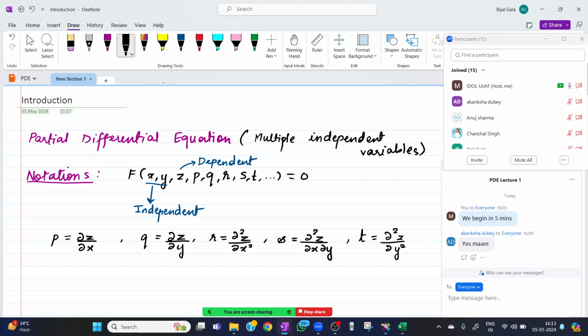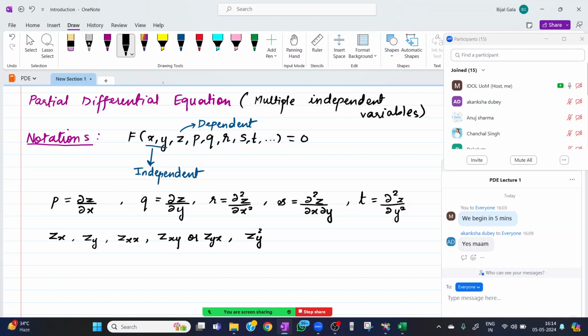So proceeding further, once we are familiar with the notations which we are going to use throughout, we may also come across the notation like zx, which means the partial derivative of z with respect to x, and zy. You can have zxx for r, zxy or zyx for s, and zyy for t. Okay, so this is also one of the ways of writing the same thing.